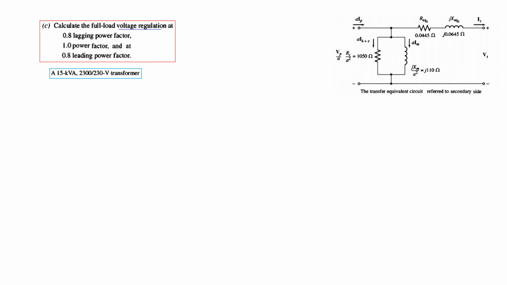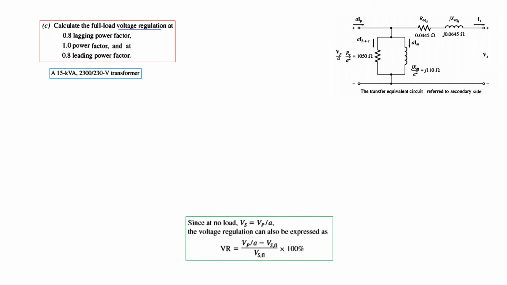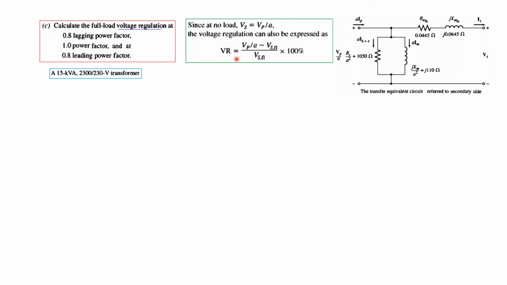Power is 15 kVA, the primary side is 2300 volts, and the secondary side is 230 volts. Now this formula we have learned for the voltage regulation, so we need to find Vp over A, and we need to find Vs full load, which is actually 230 volts. So this is known, Vs full load.